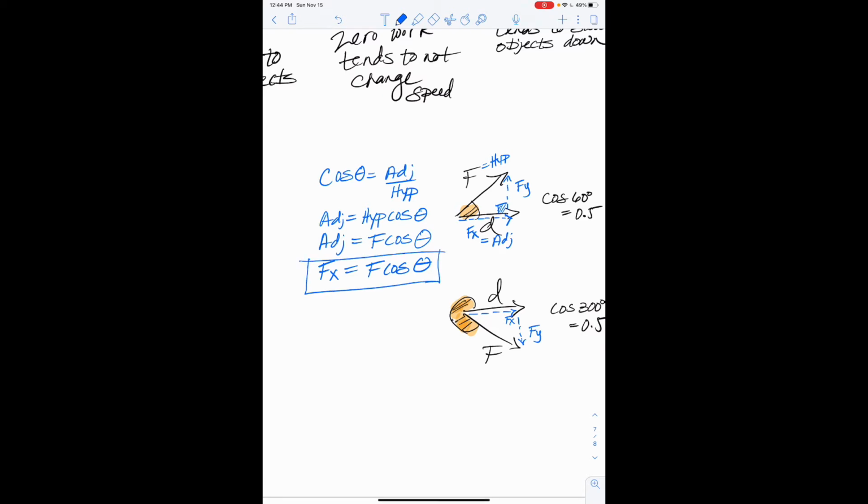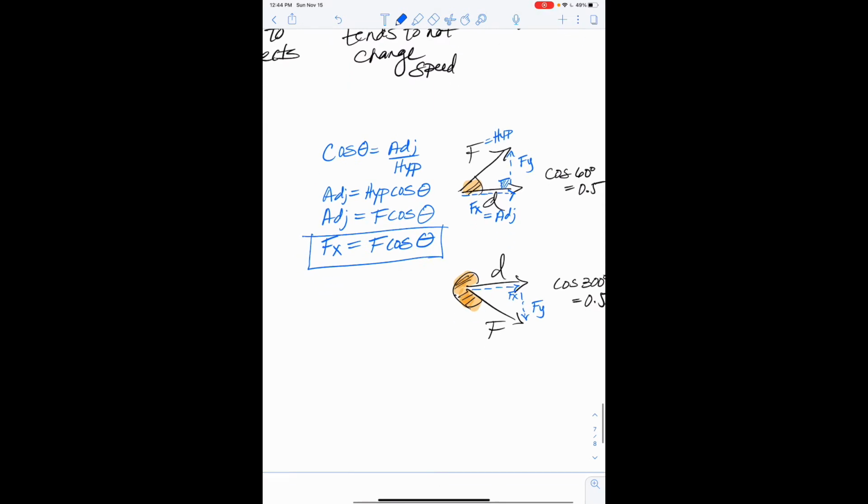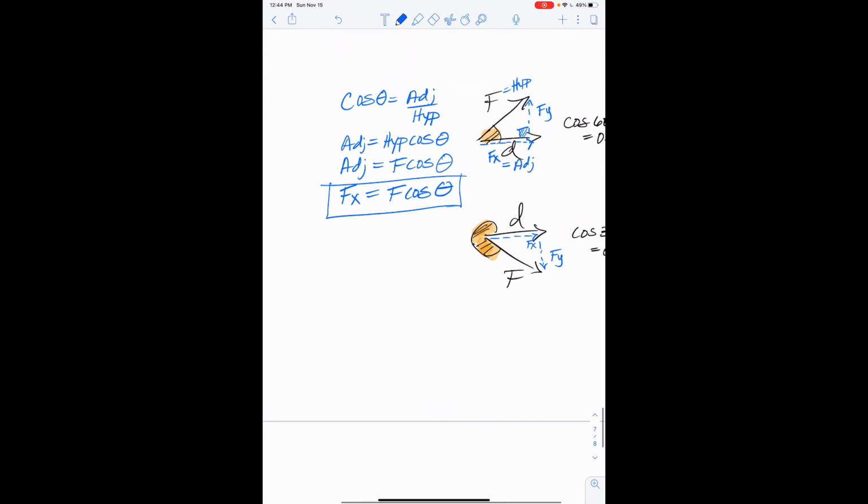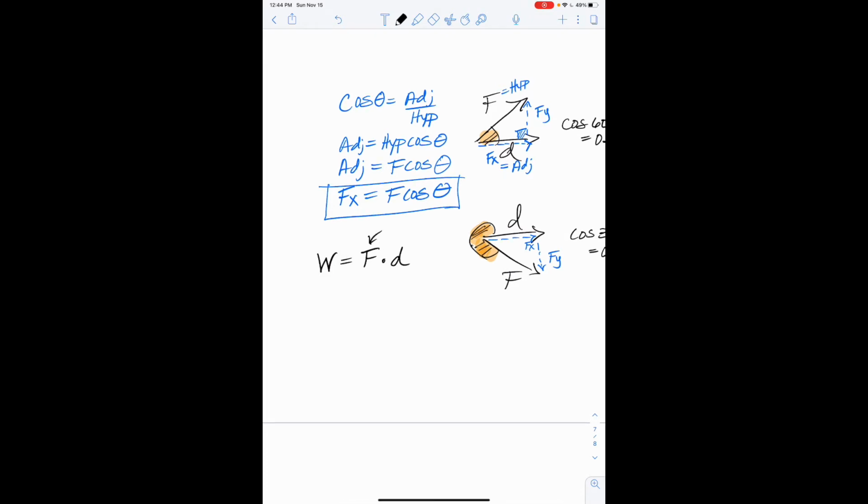Well, all right. If we keep with that, then, right? If work is Fd or F dot d, or work is force times distance, and we're saying we can only use the parallel force, right? Then we're saying here something along these lines, right?